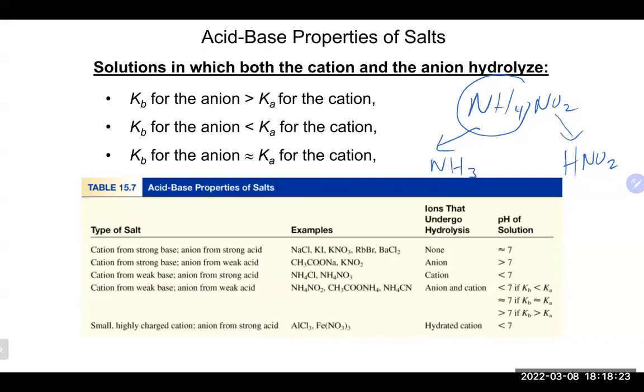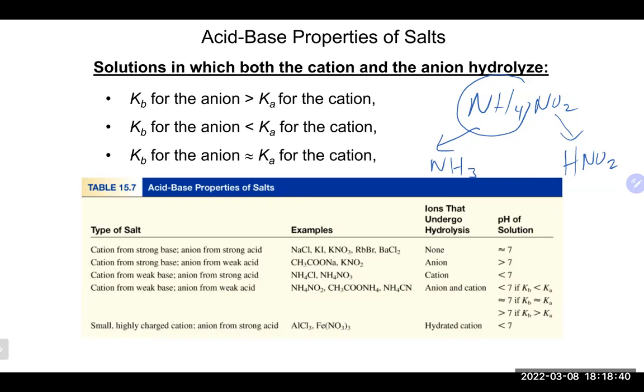So if you wanted to calculate what the pH would be when you have both parts that go through hydrolysis, it's quite complicated. So what we end up doing is we actually compare the Ka value to the Kb value, and whichever one is larger is the problem that you would do.